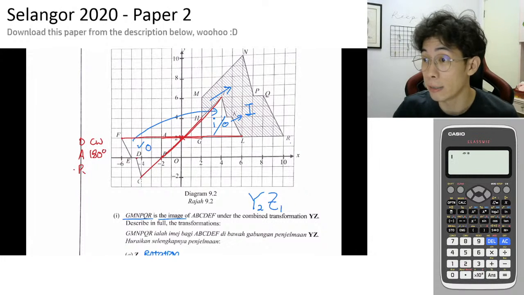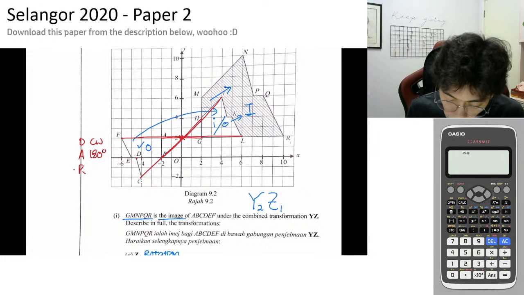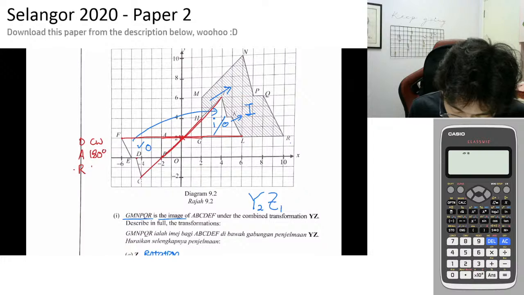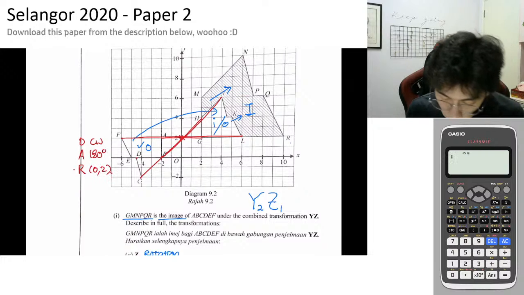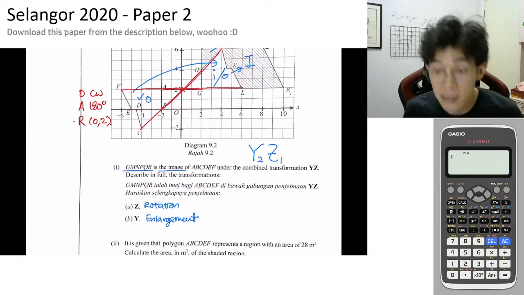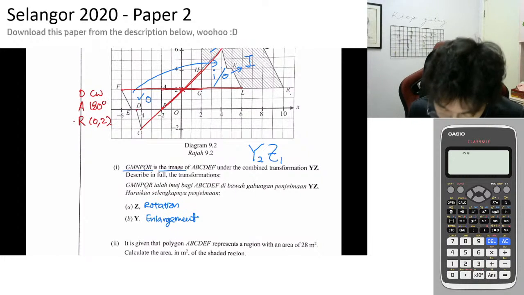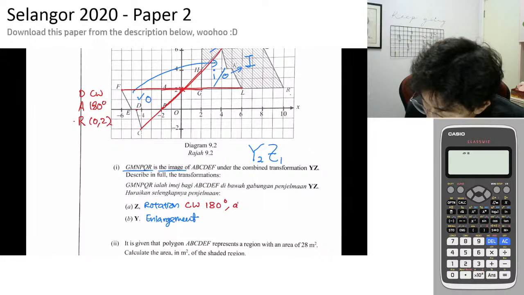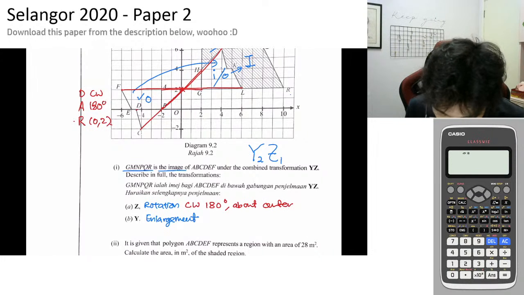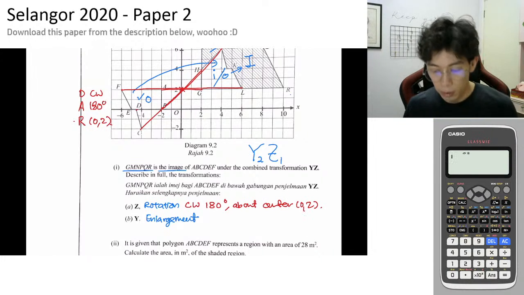And of course, your rotation point is going to be 0, 2. So I'll move down and start writing it. It will be rotation clockwise 180 degrees, about center 0, 2.